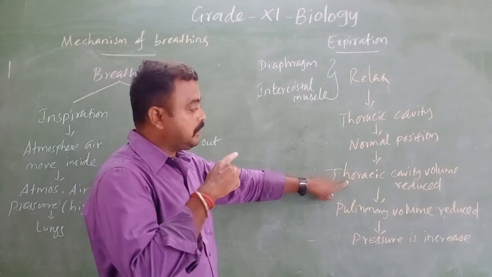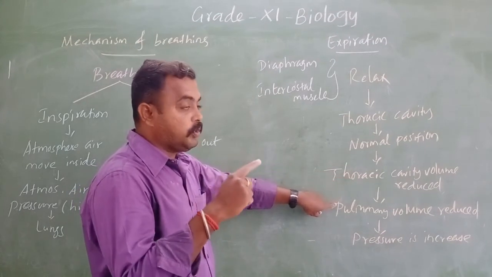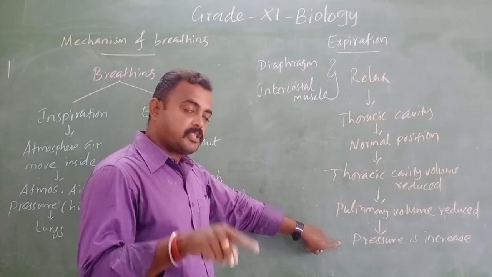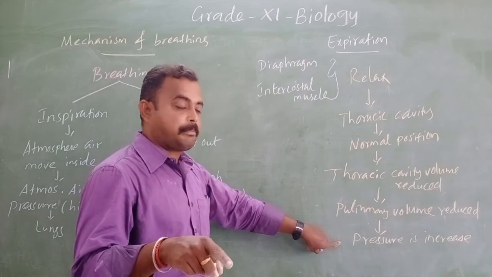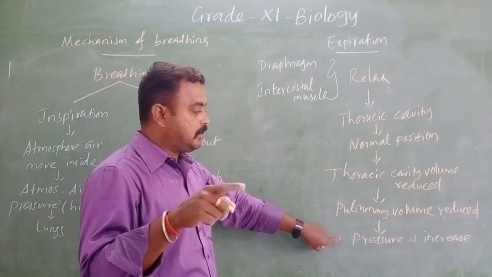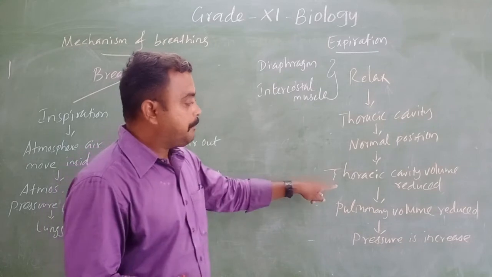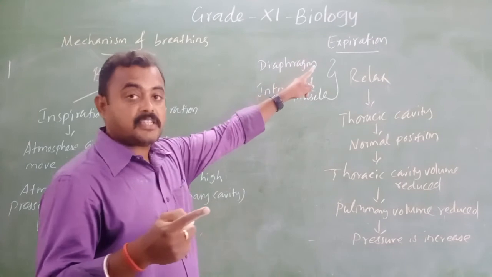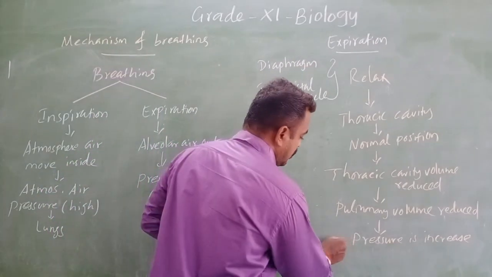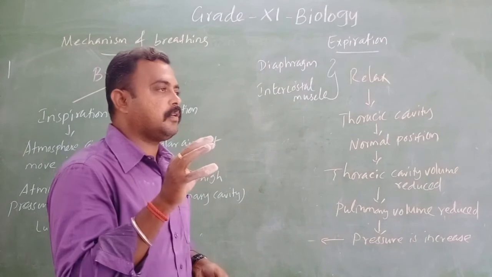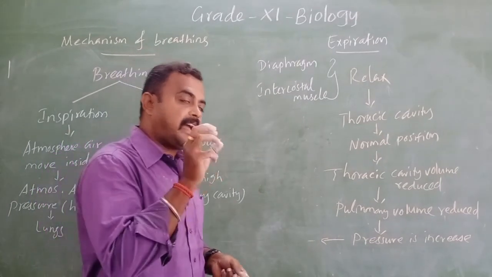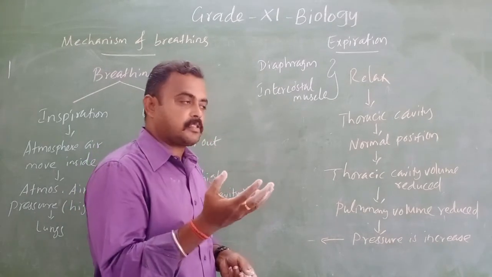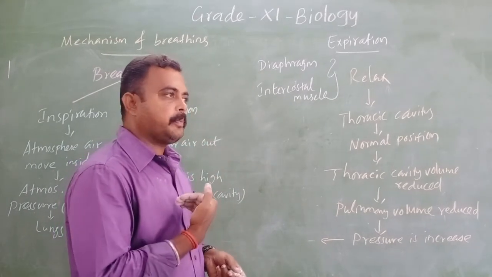When the pulmonary cavity volume is increased, pressure is decreased. If pressure is decreased, inspiration happens. If pressure is increased, expiration happens, because the volume of the pulmonary cavity is reduced, so pressure automatically increases. What comes out?